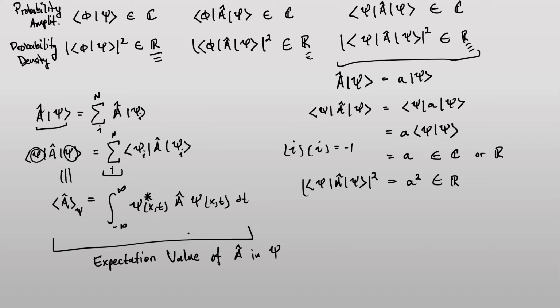Okay, and that's what this calculates. So we're considering all of the psi's within some region of time or space. We're operating on all of them with this operator right here. And then we're getting a number out of that.